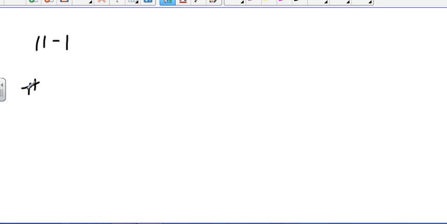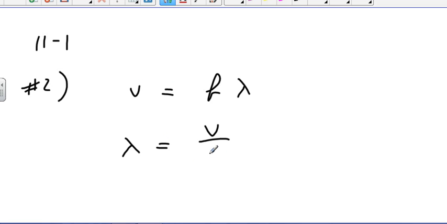Looking at number 2 again, we find that velocity is frequency times wavelength, and we want to find wavelength. So wavelength is going to be V over F. So I'm going to cross multiply and put the F on the bottom. Now, velocity is in meters per second.